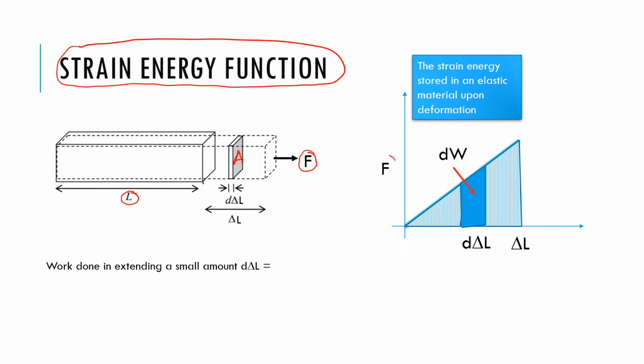So if I plot here force versus the displacement delta, the change in the size of the bar delta L, then for a linear elastic material, F will increase linearly with delta L, and the work done in extending by a small amount d delta L, if I write dW' is equal to F times d delta L.